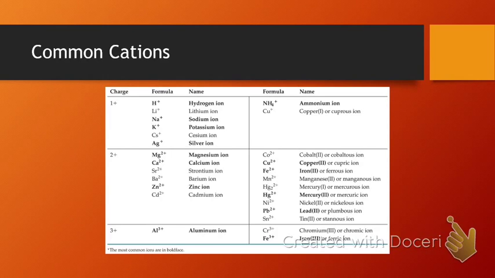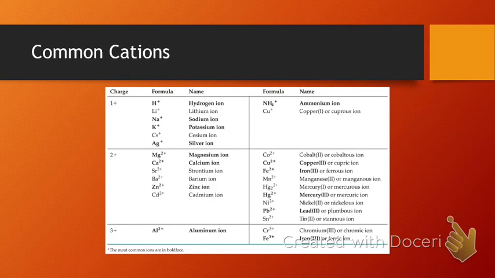Again, I have to apologize that you will just be expected to memorize the common cations and common anions. Those that are in bold here are the ones that you absolutely must remember.